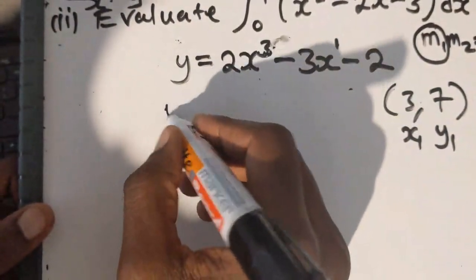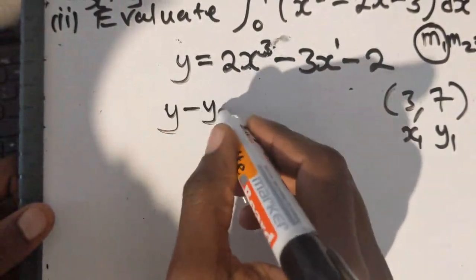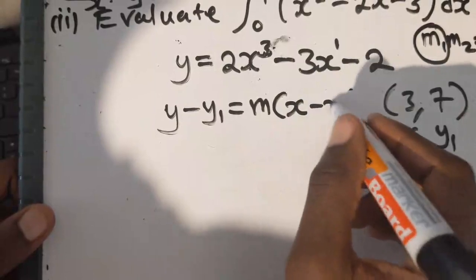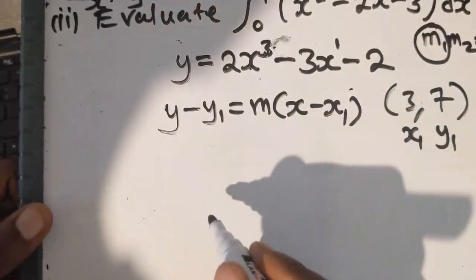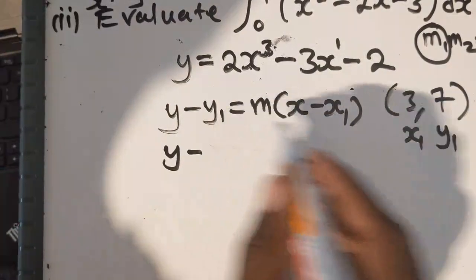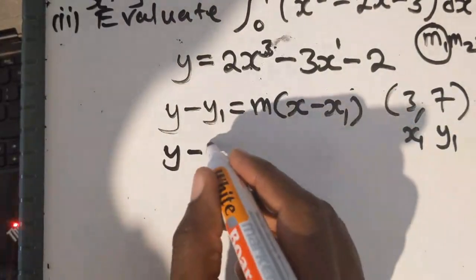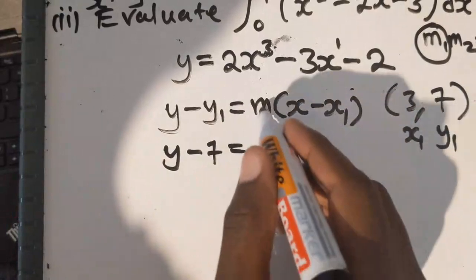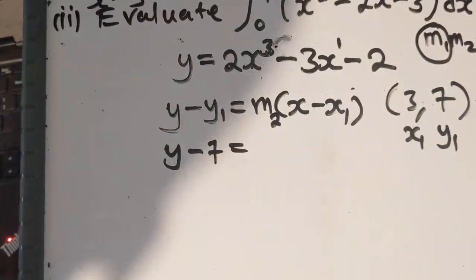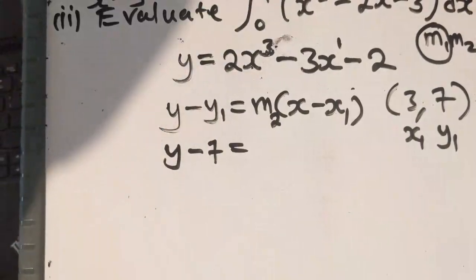The equation of the line, the formula is y minus y1 is equal to m times x minus x1, like that. Okay, you know that y1 is 7, so you just put the 7 there, is equal to m. This is the m2 that you're supposed to use now, because this equation is the equation of the normal.